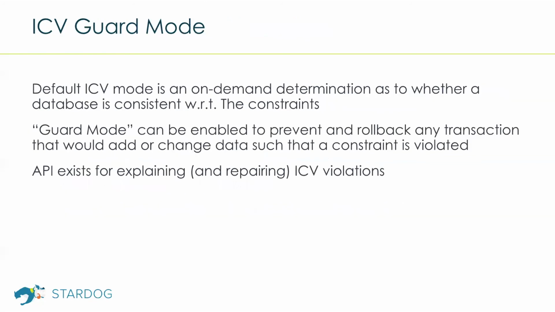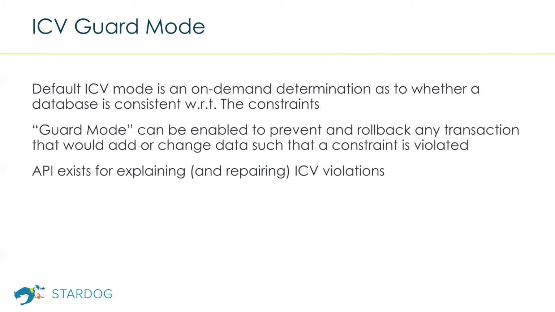We also have what's called guard mode. The default mode is just on demand: tell me if the database is consistent. What guard mode does is, anytime you would add or change data in your database in a way that violates one of these constraints, guard mode would just say no, and it would roll the transaction back and not let you make your database inconsistent.